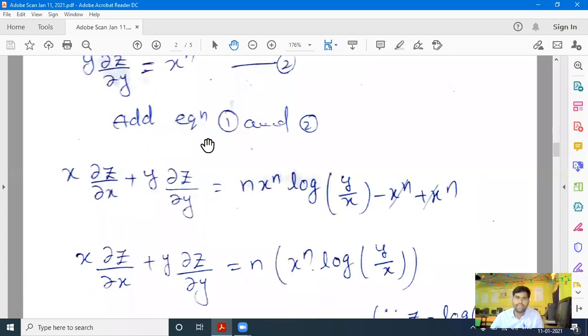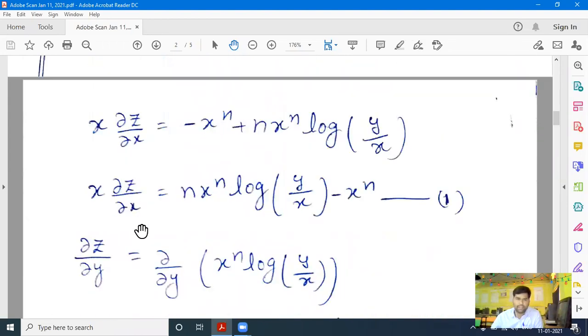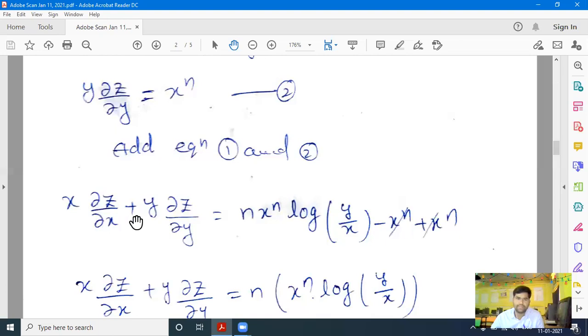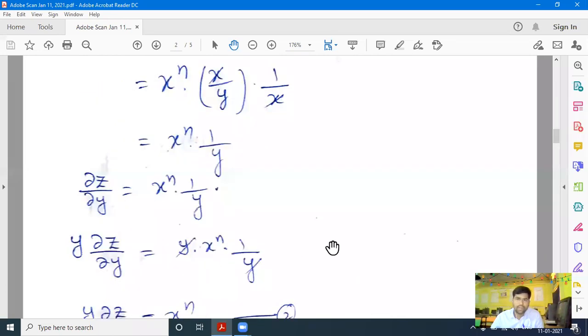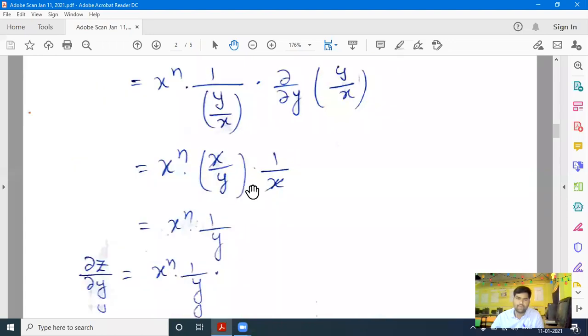So add equation number 1 and 2. On the left side, x into ∂z/∂x, plus y into ∂z/∂y, is equal to, so the right side of equation number 1 is n into x to the power of n log of y by x minus x to the power of n.